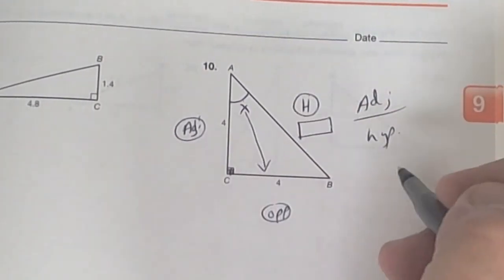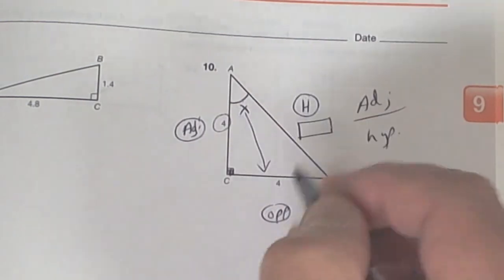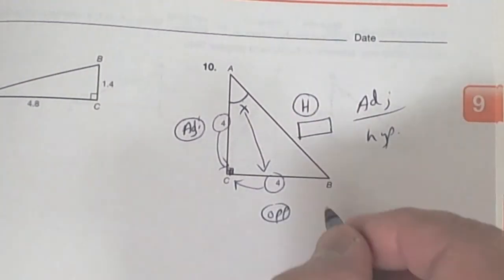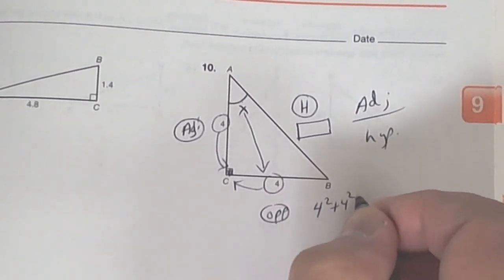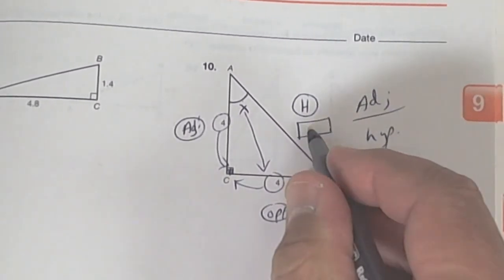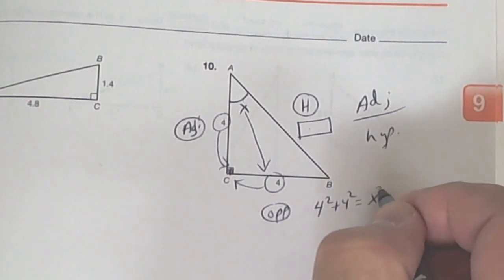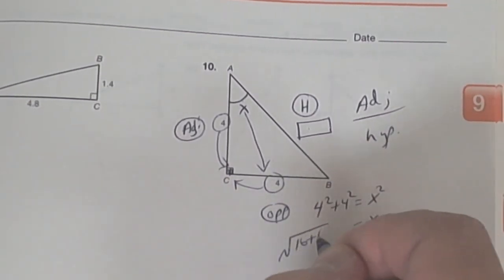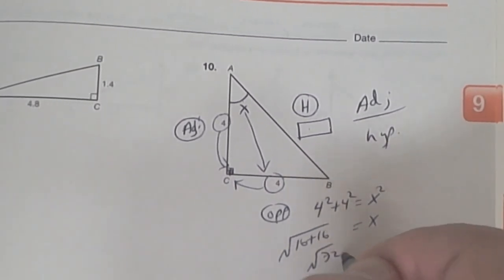So you have to do the Pythagorean theorem. Both of these have the box, and they go together. So it's going to be 4 squared plus 4 squared equals, this one we'll call x squared. So x is going to be the square root of 16 plus 16, which is the square root of 32.